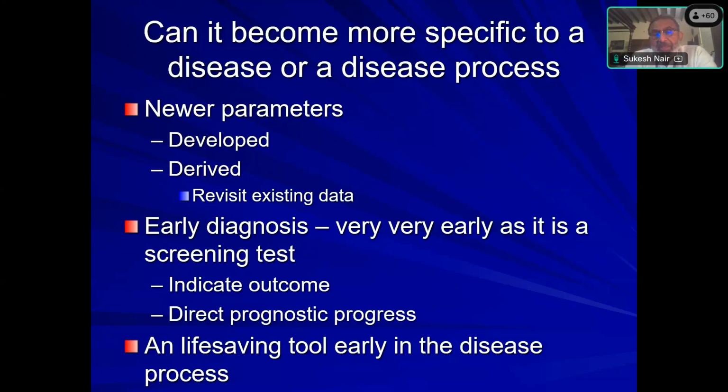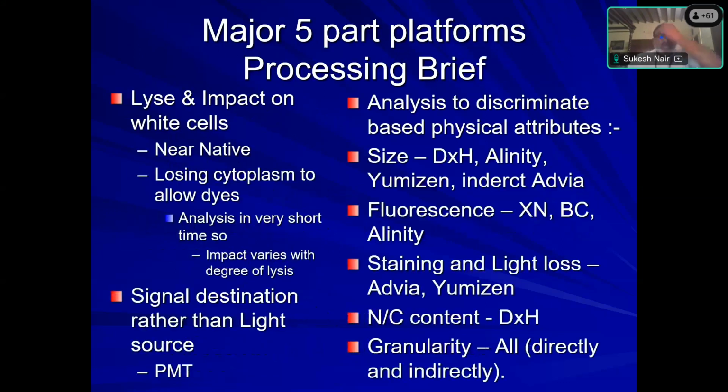And this has probably allowed early diagnosis, and very early, as the cell count is a screening test, so that it can indicate the outcome as well as direct the prognostic process of a disease. Every time, I have found it a life-saving tool early in the disease process. Now, 5 major platforms do the 5-part differential.